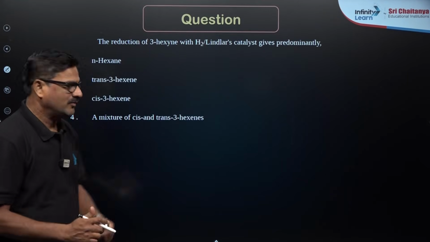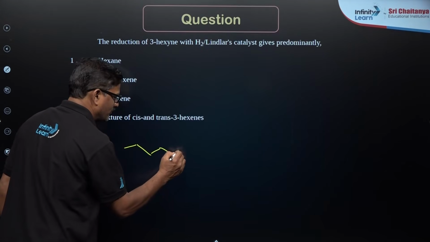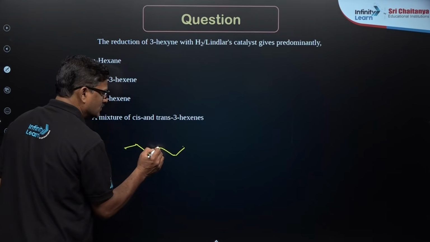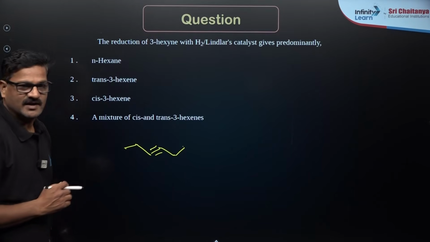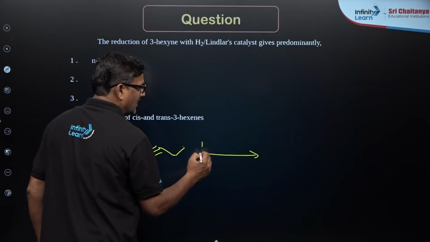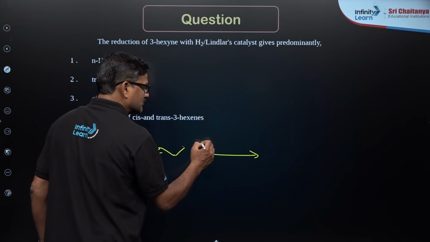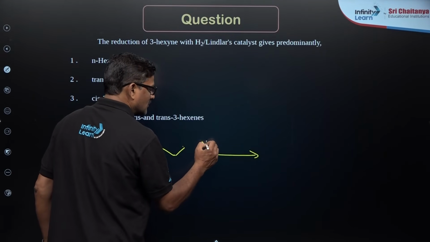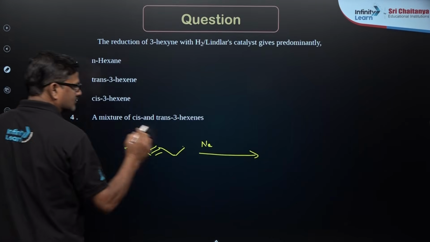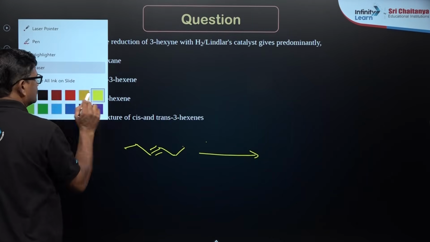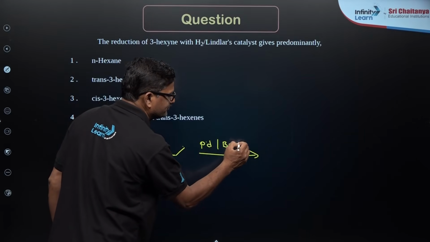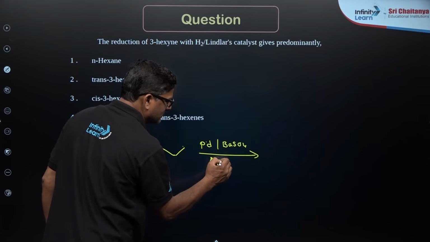Reduction of 3-hexyne, we can say 1, 2, 3, 4, 5, 6. So this is a 3-hexyne, and it is treated with Lindlar's catalyst, which is Pd, BaSO4, and quinoline.